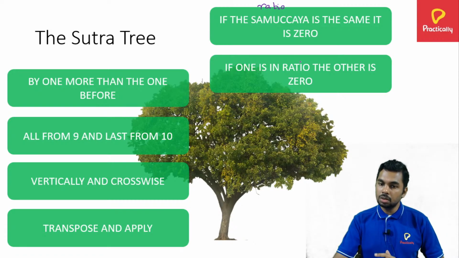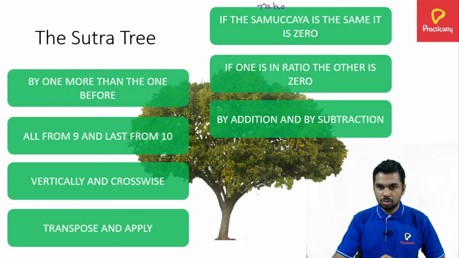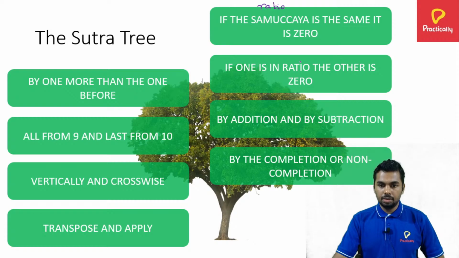So I am giving the sutras in their order. There is a number associated with each sutra. So I am just giving you the order in which it is written. This is number 7, by addition and by subtraction. That is the name of the sutra. This is the 8th one, by the completion or non-completion.